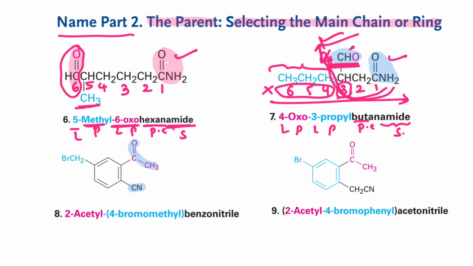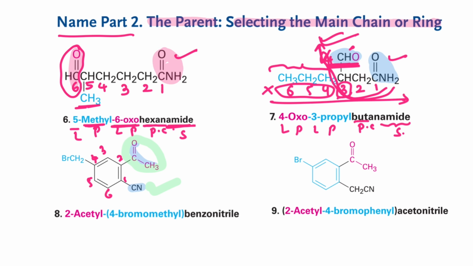The first priority group is the cyanide. Therefore, this is the first priority group, and the keto group is selected as a substituent. Numbering, how to give for this? 1, 2, 3, 4, 5, 6.